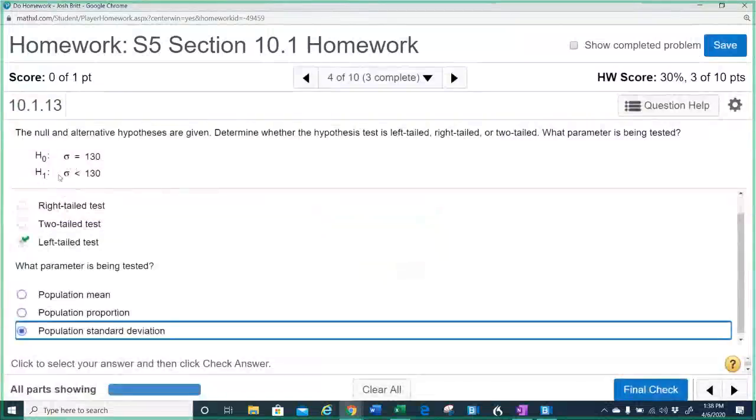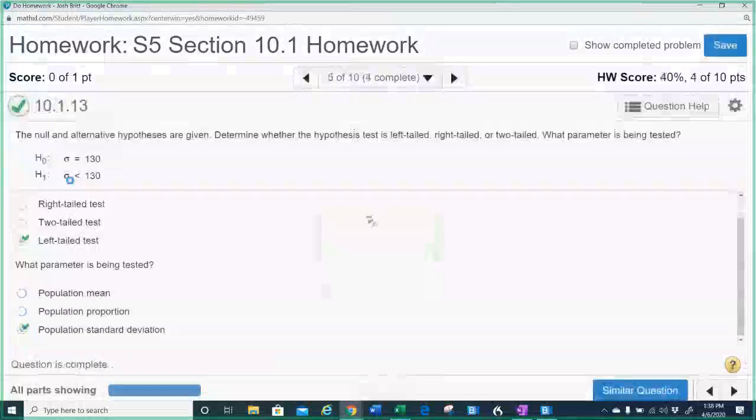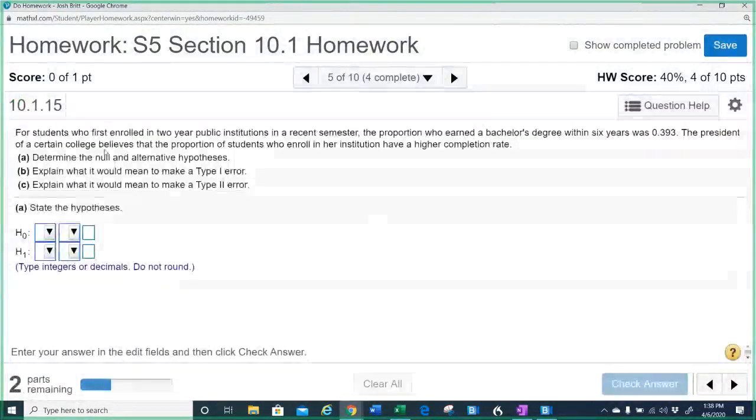Population standard deviation. Now we're not going to do hypothesis testing for this parameter. We'll only do mean and proportion. And we'll practice writing these ourselves.